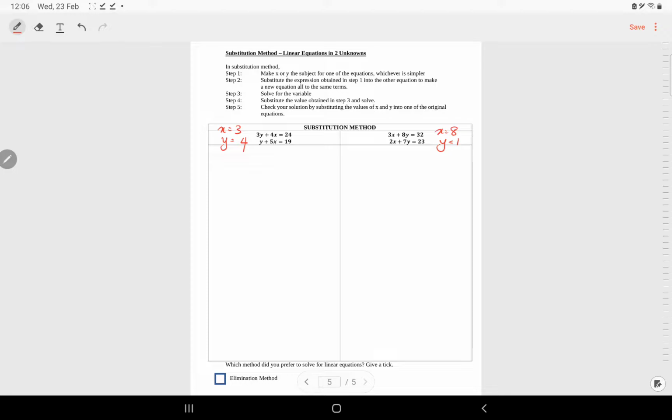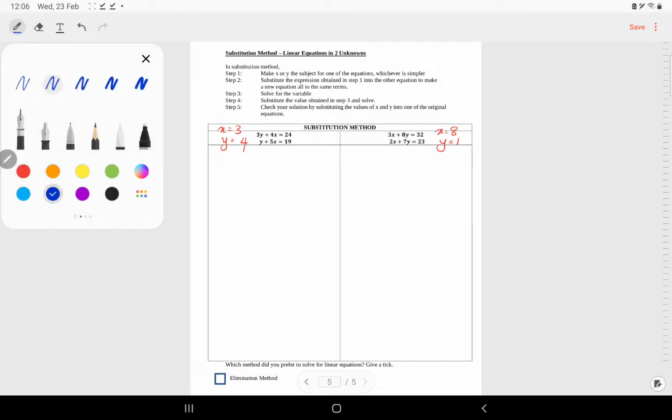I'm going to show you that with the substitution method we will also get the same answers, and you can compare which method suits you better, elimination or substitution.